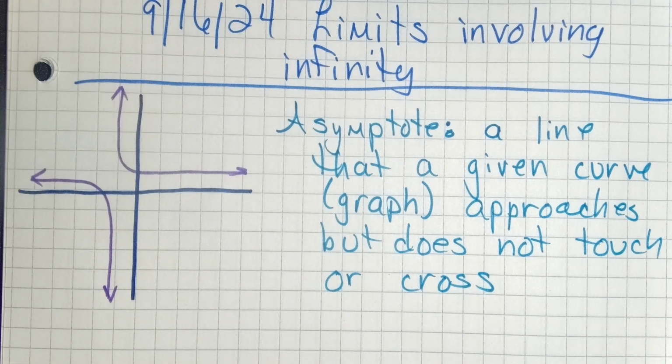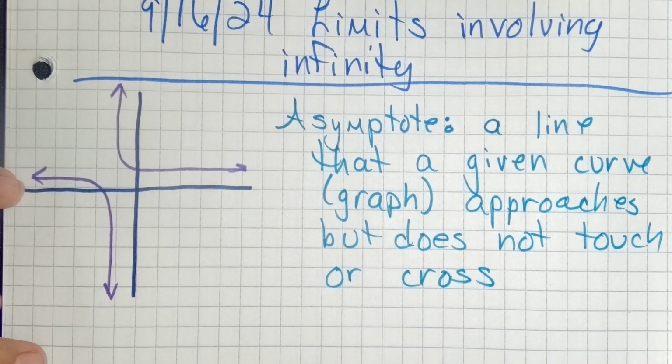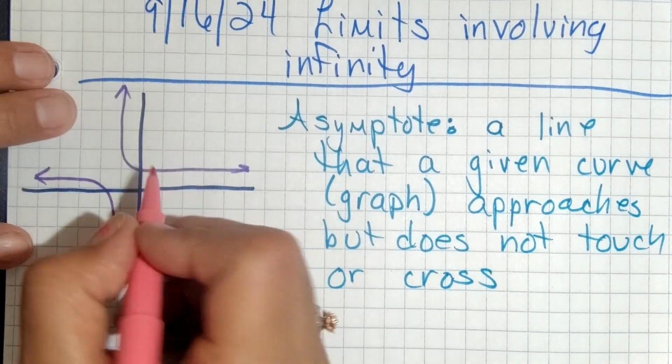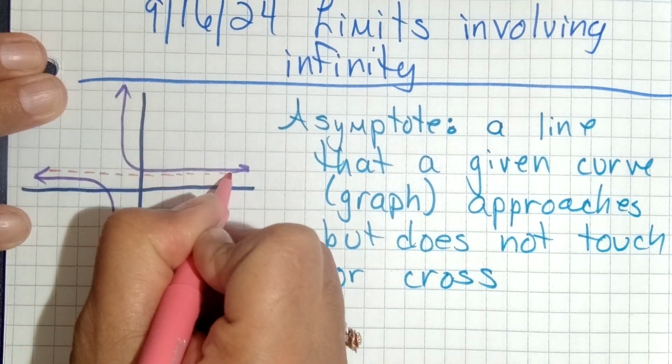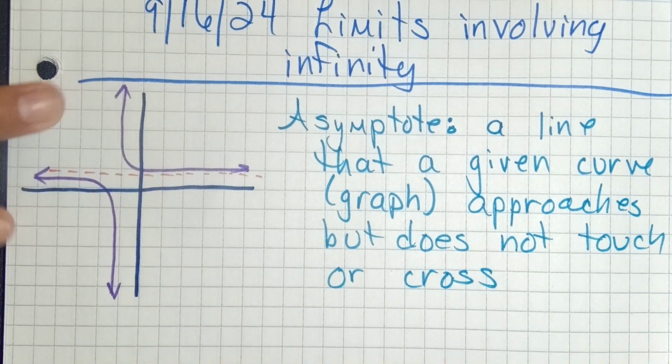So on this graph here, we have two asymptotes, and I'll describe the two asymptotes in a minute. If we look at this graph, we can see that this line right here is one of the asymptotes, because your graph gets, let me zoom in.